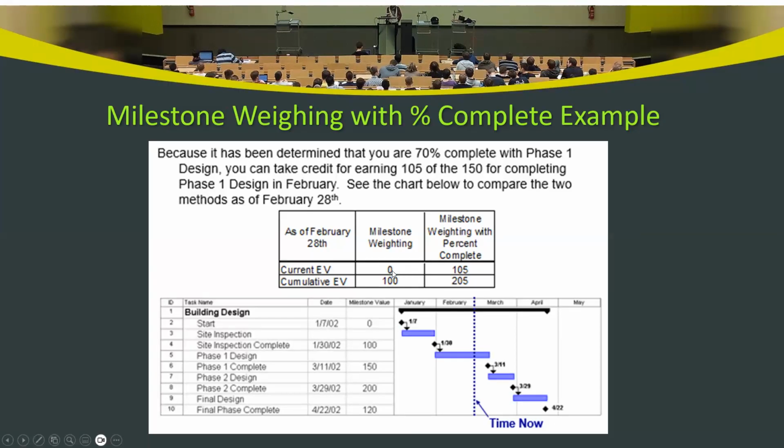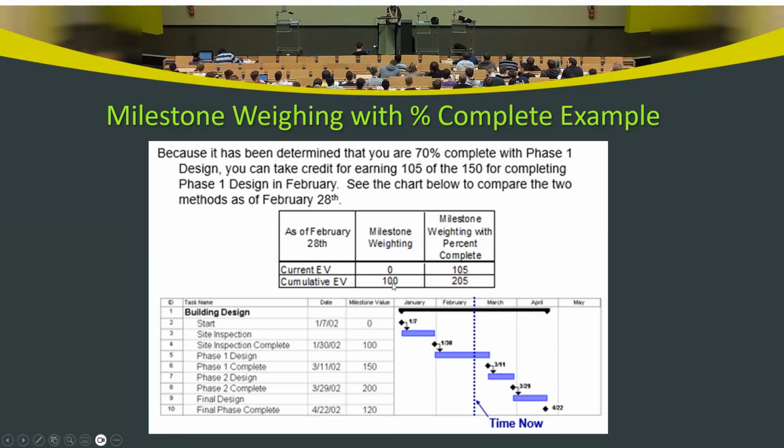You can claim that. So milestone weighing is 0, but milestone weighing with percent complete, because you can claim it, is 105 by February 28. But you already have one milestone completed before that for cumulative, because this is for current. Cumulative, you have 105 plus 100 before that.